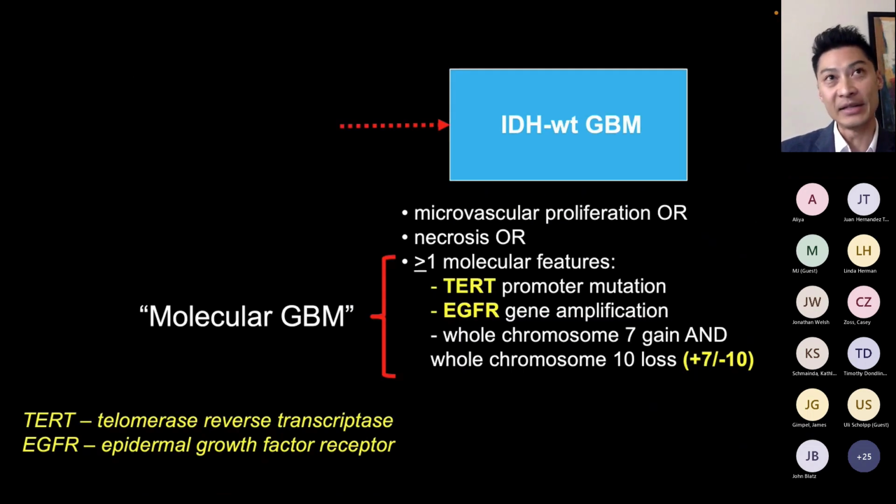And taking that into consideration, again, when we look under the microscope, you can make the diagnosis of a GBM if you have the presence of microvascular proliferation or necrosis. But again, if we just look at the genetic signature of a GBM or of a tumor and it has these kind of mutations, then we can still make the diagnosis of a GBM, and that's the molecular GBM.